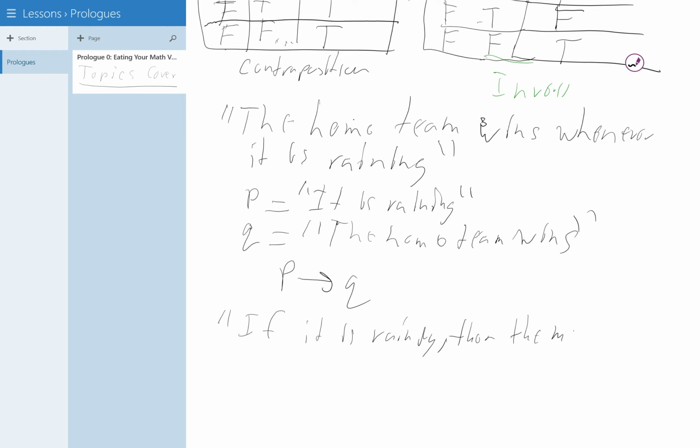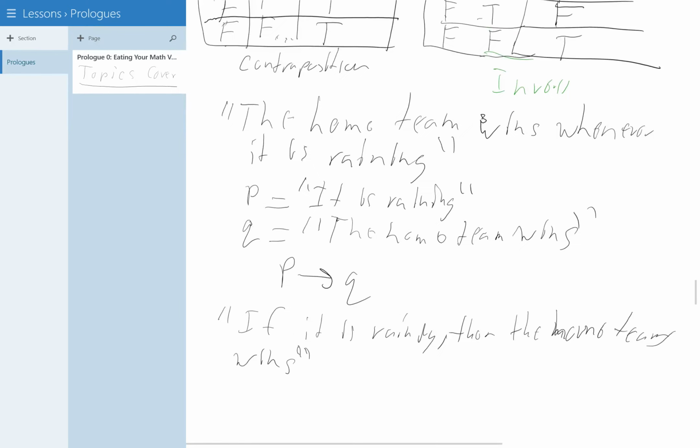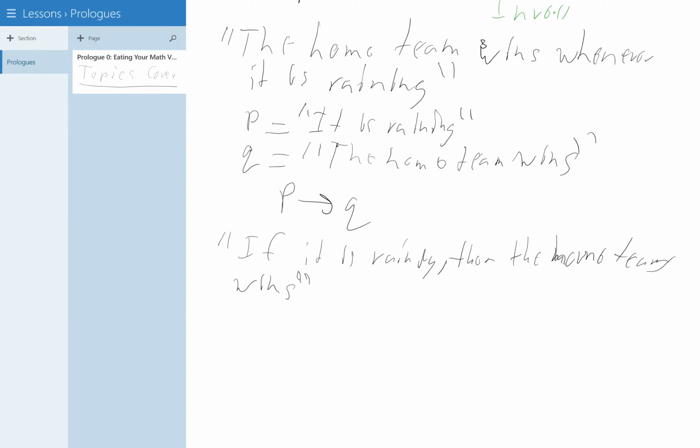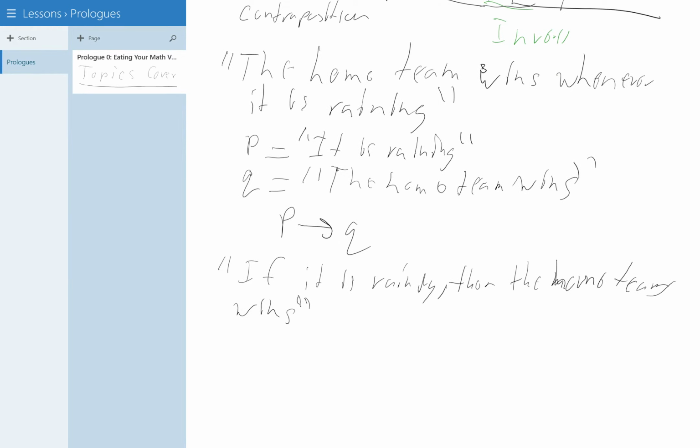It's the same sentence as the whenever one. Now if you think I should pre-write these because it's going too slow for you, let me know, but I think going this way I'm going at your pace. And if you're getting bored you should pause, go on, and you can always play this video at a faster speed. If it is raining, then the home team wins. Alright, good. That's the P implies Q.